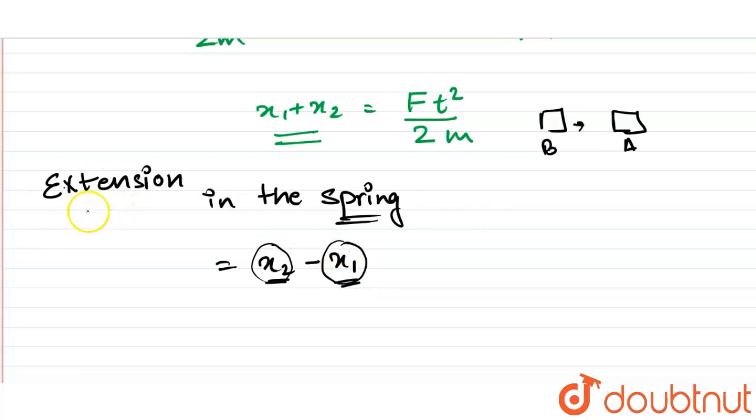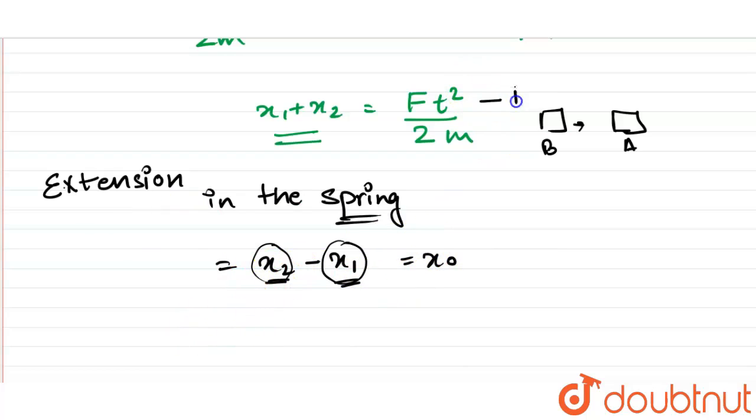So the net extension in the spring will be x2 minus x1. So let's say x2 minus x1 comes out to be x0, that is extension in the spring which is given in the question.